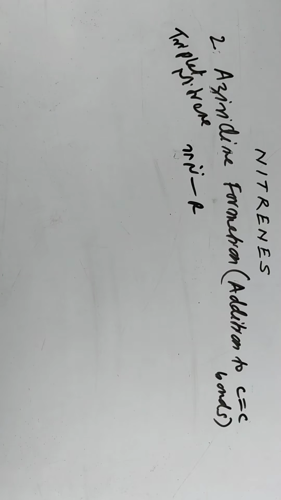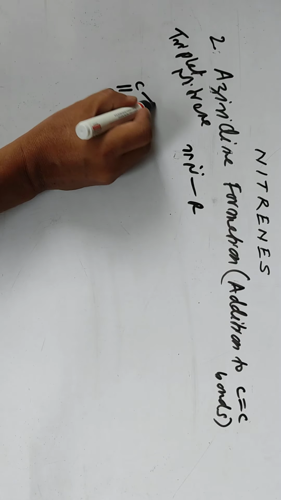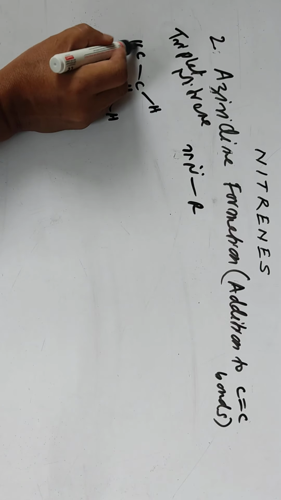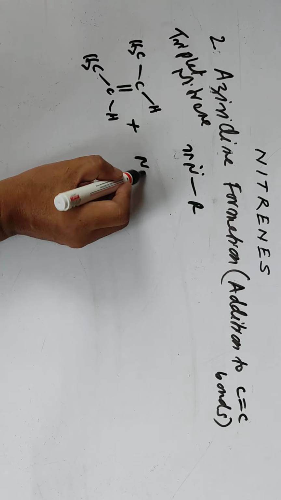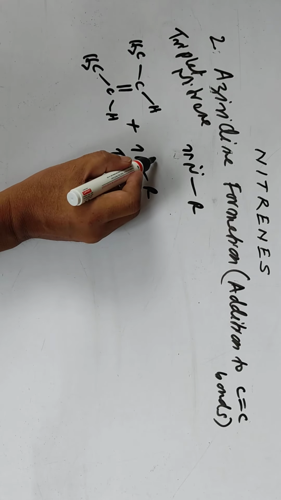In the case of triplet nitrene, it is a big difference from the addition by singlet nitrene. Suppose cis-2-butene reacts with triplet nitrene, it will give both trans as well as cis products. So you can have it this way.